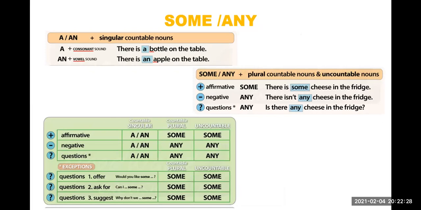For example, would you like some coffee? Estoy ofreciendo algo, por eso puedo utilizar some en esta pregunta. Luego, cuando pido algo, cuando I am asking for something, por ejemplo, can I have some coffee?